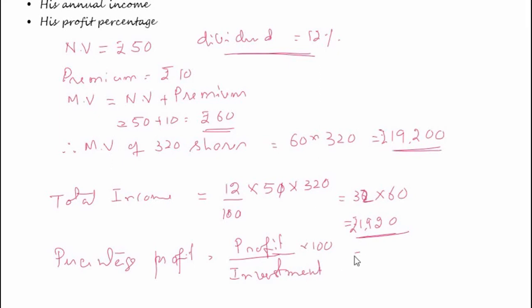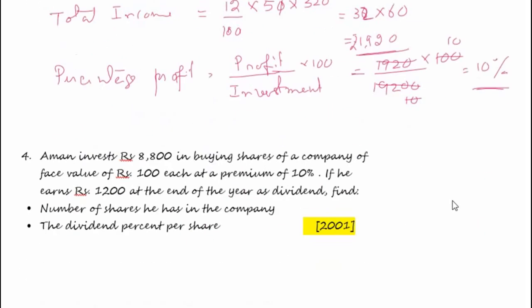So that is, profit is 1920, investment is 19200, into 100. So this is once, this is 10 times, so it is 10%. So the percentage profit that the person makes on this investment is 10%. Let us go to the next problem.